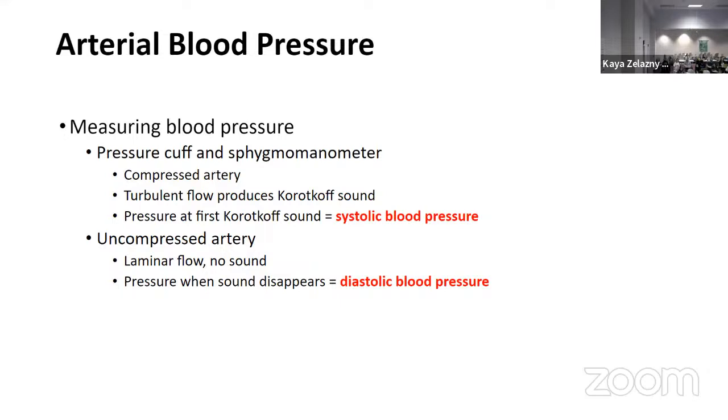Sounds in the body are usually produced by turbulent flow. So think of waves crashing on a beach, right? Something not smooth, blood kind of sloshing around. So the first sound we're going to hear is something called the Korotkoff sound. That's our first blood pressure. So the first noise you hear is going to happen when you hit the systolic blood pressure.